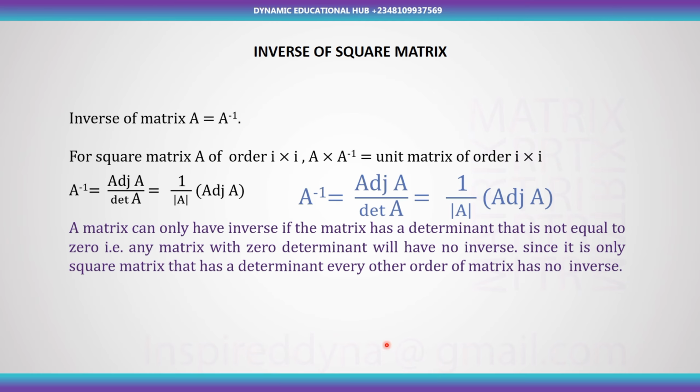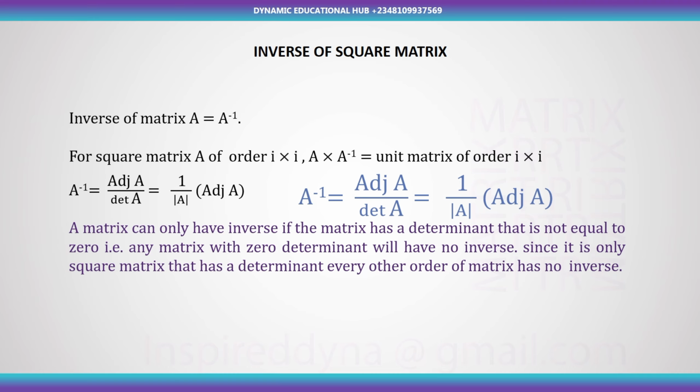A matrix can only have an inverse if the matrix has a determinant that is not equal to 0. For a matrix to have an inverse, when you compute the determinant and you get 0, it means that that matrix is not going to have an inverse. Since it is only a square matrix that has a determinant, every other matrix has no inverse.